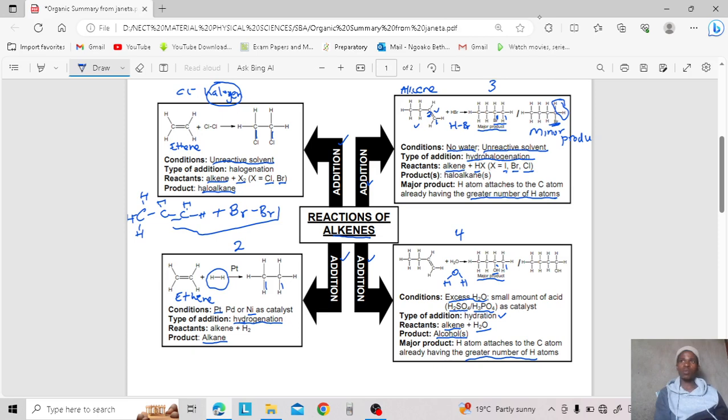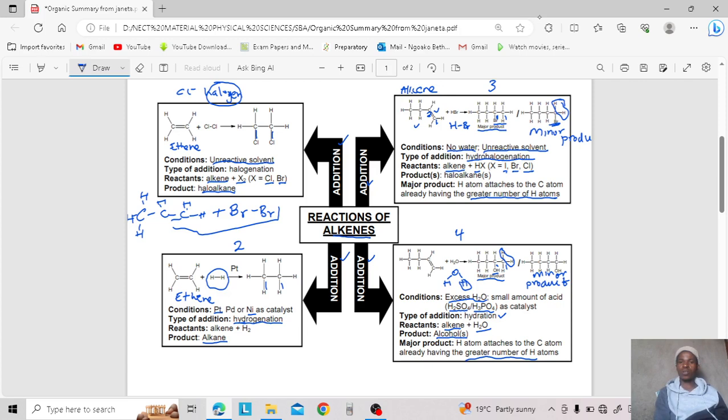Then hydrogen will come to the last carbon, and OH goes on the other carbon. Then the minor product again.